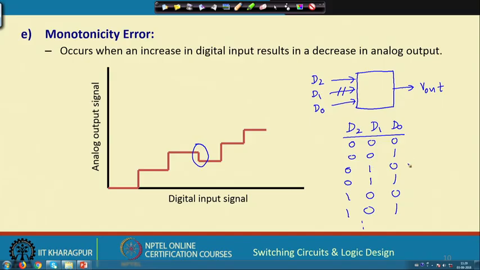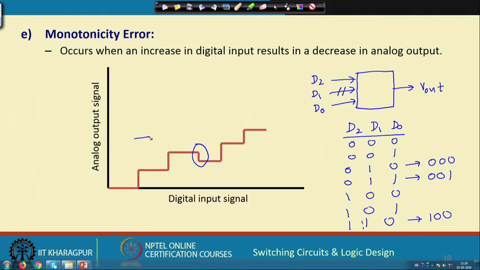So, effectively this will be 000, this will be 001, then again for 6, which is 110, this will become 100. So, if you look at the output, it is 0, 1, 0, 1, 4, 5.